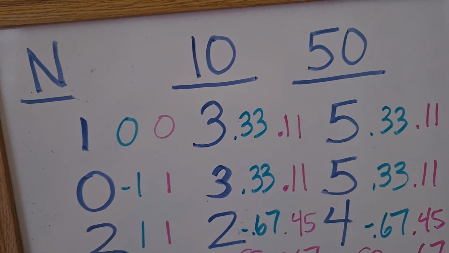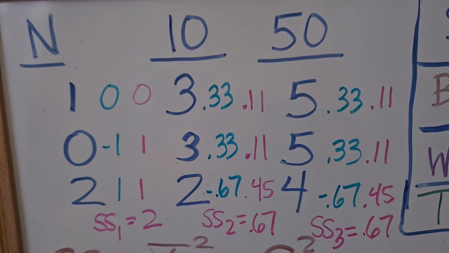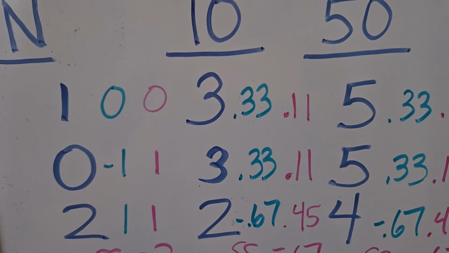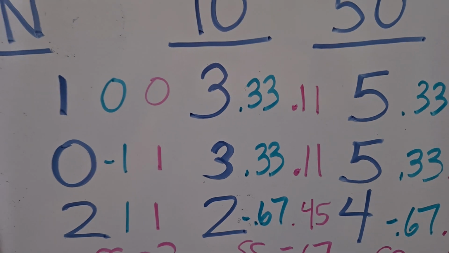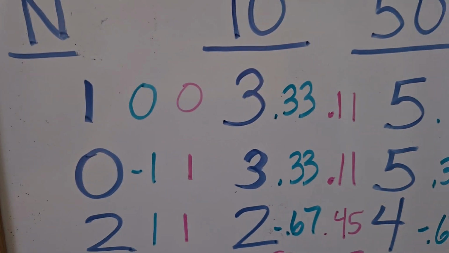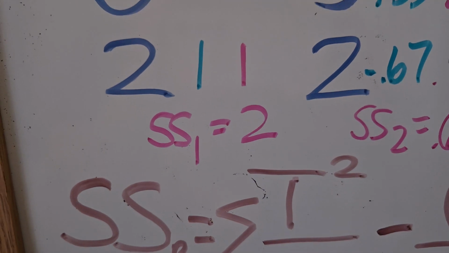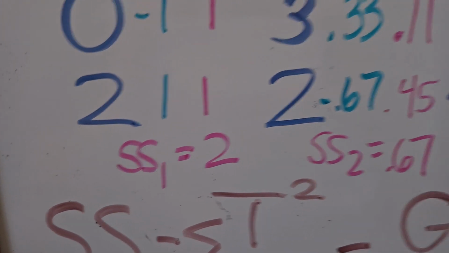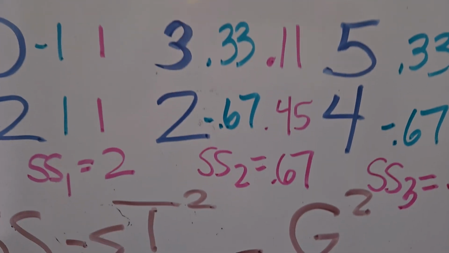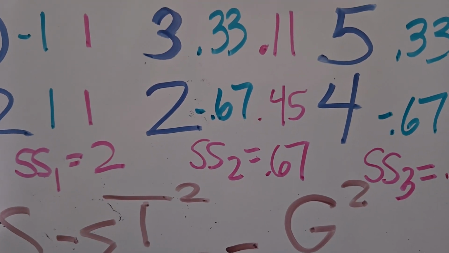I'm rounding to 2 decimal places for simplicity, so we round to 0.11. And so how do you get your sum of squares for each group? You just add up those squared deviation scores. So you add up 0 plus 1 plus 1. For the sum of squares for group 1, it's 2. You add up 0.11 plus 0.11 plus 0.45. The sum of squares for group 2 is 0.67.